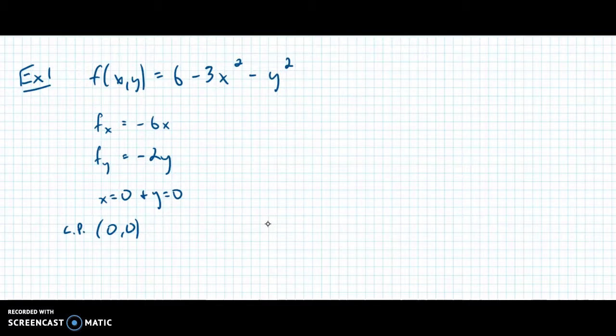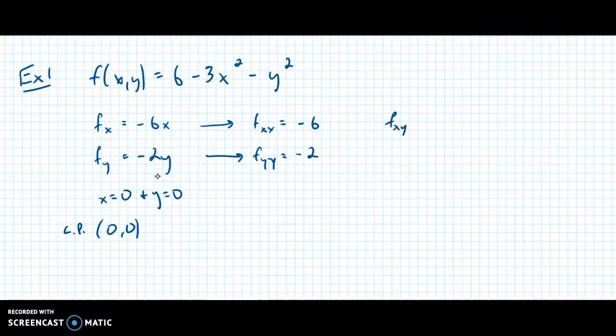So from here, I need to calculate the second partials. Well, f sub xx is the derivative of this thing with respect to x, and that's just negative 6. And f sub yy is the partial of this with respect to y, and that gives me negative 2.